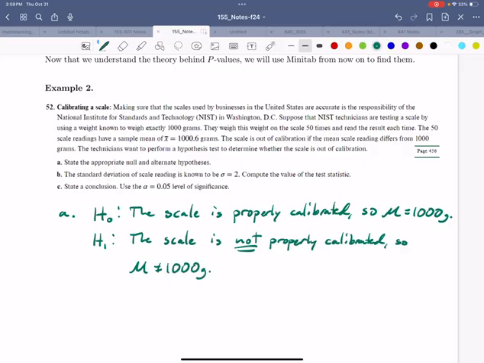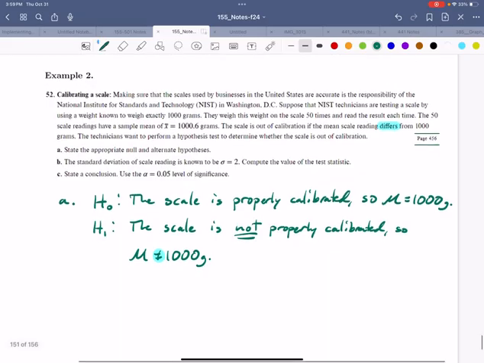Now again, this is not greater than, this is not less than, this is just not equal. How did I get not equal? I got it from the word differs. Differs just means that it's not the same as, in either direction. It could be too high, it could be too low. So that's what we're going to write, okay?